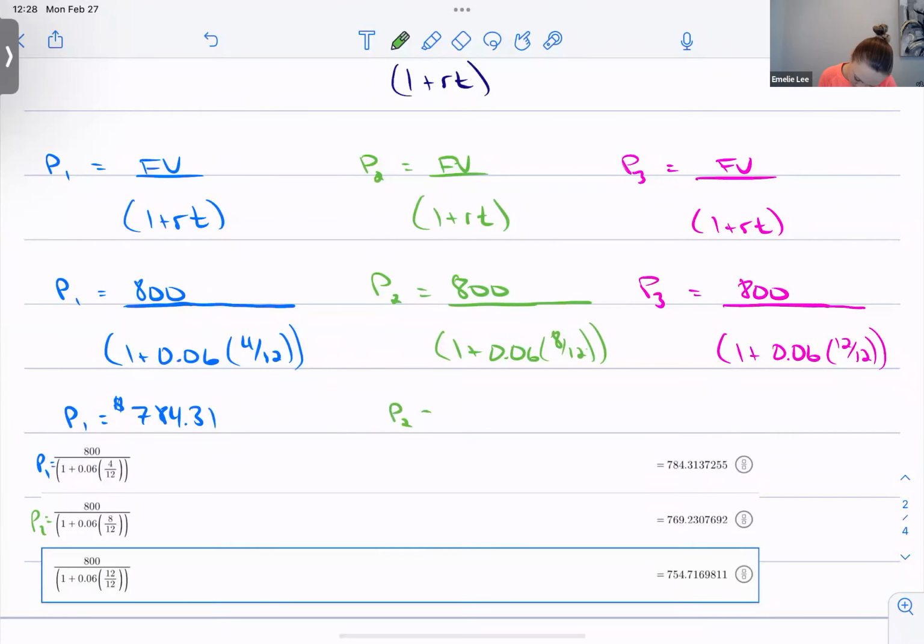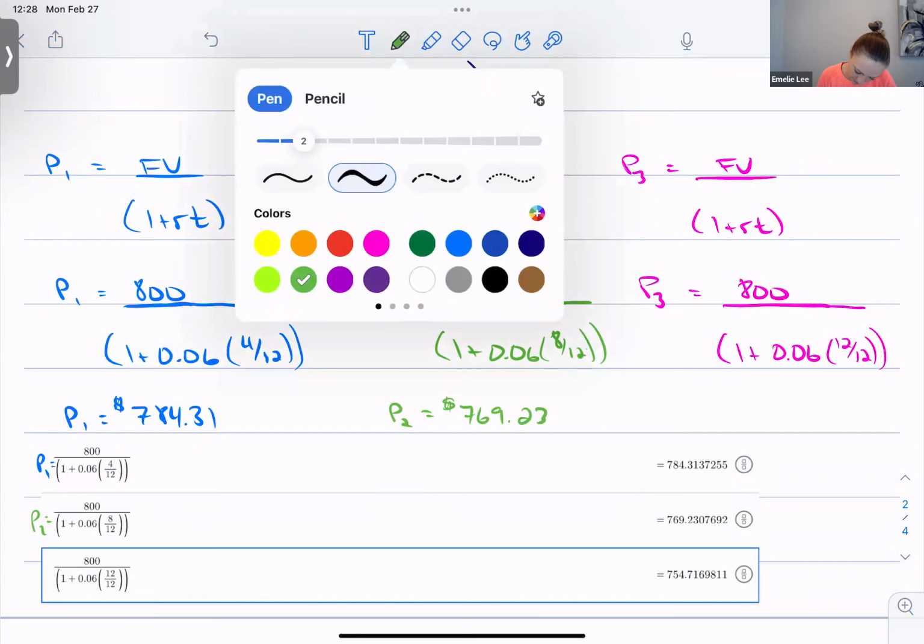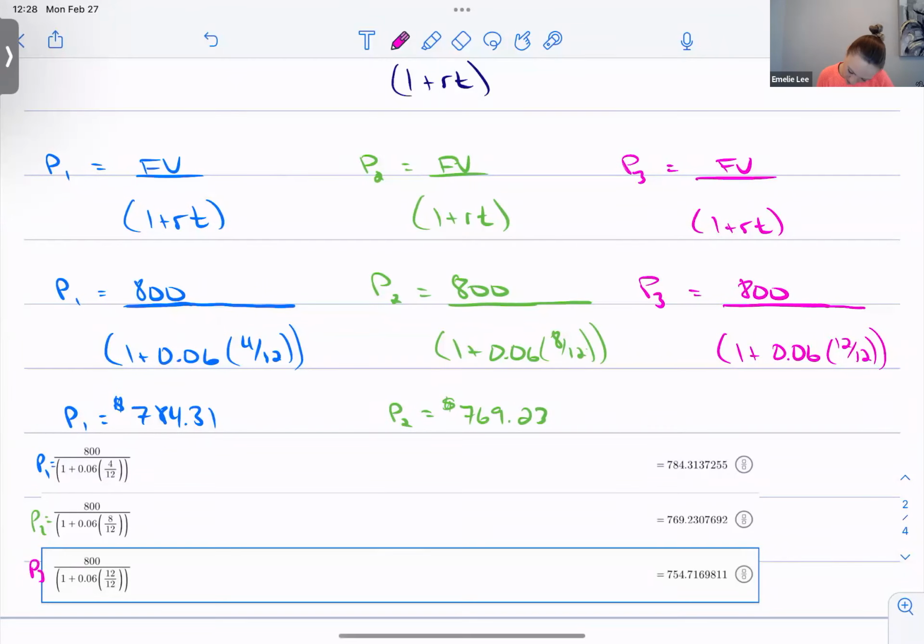P2 is 769.23. And P3 is 754.72, right? Rounding properly. The 1 is followed by a 6, so then it has to be rounded up. Okay. Good.